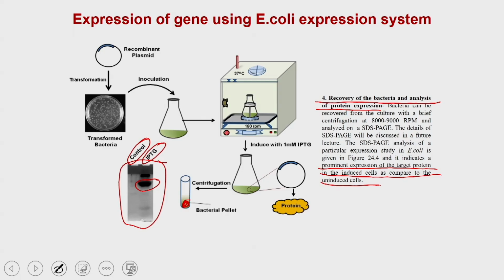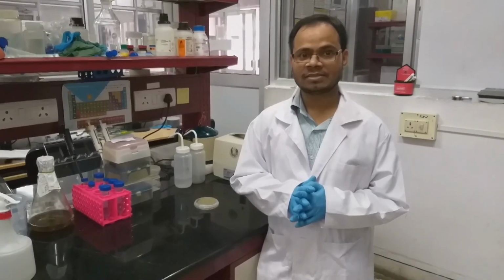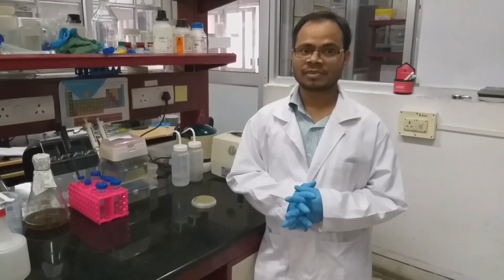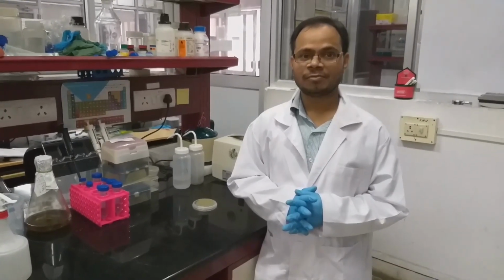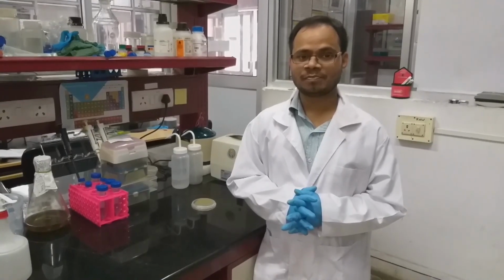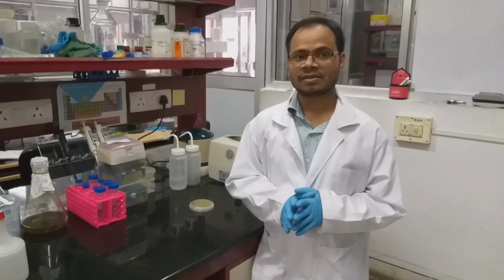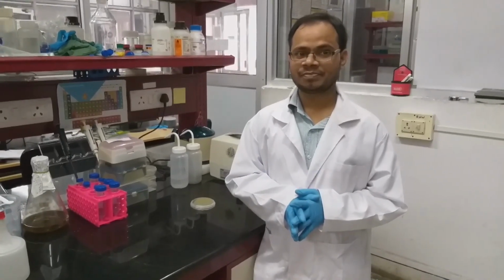In this video, we will show you how to induce protein expression in bacterial cells and how to analyze the induction. Before that, the gene of interest which we want to express in the bacterial expression system has to be transformed into the BL21 DE3 strain.